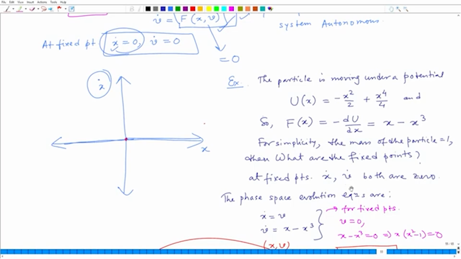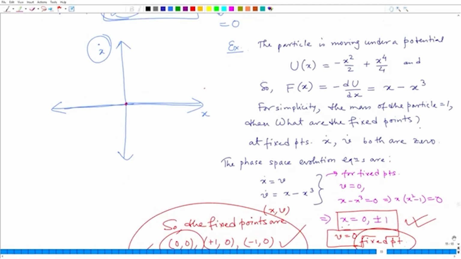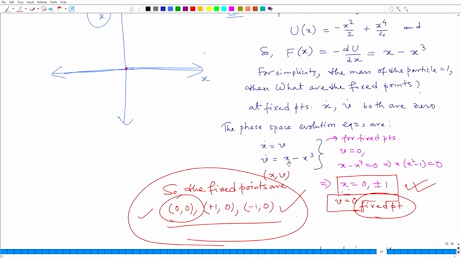So, if at one or more points in the phase space both become 0 at the same time, then we can say that these points will be the fixed points for that system. And for our specific case, the fixed points were given by x dot equal to v equal to 0 and v dot equal to x minus x cube equal to 0, from where we can calculate the fixed points to be 0 and plus minus 1.